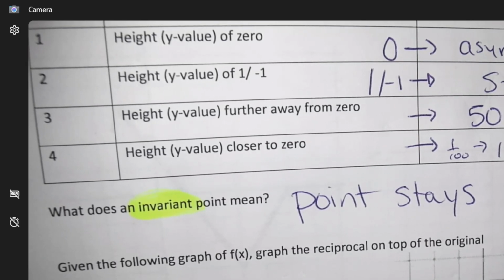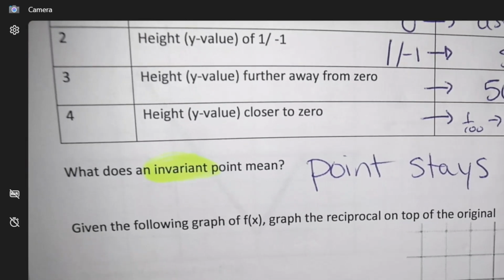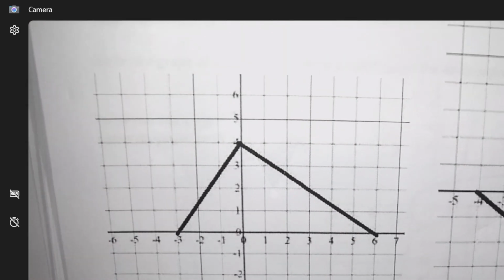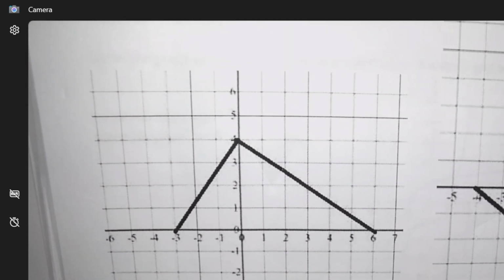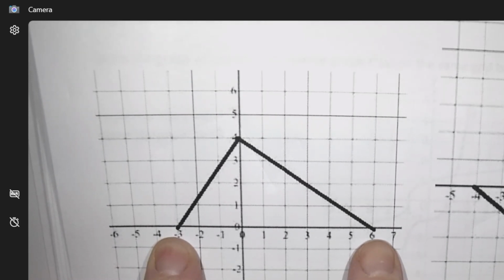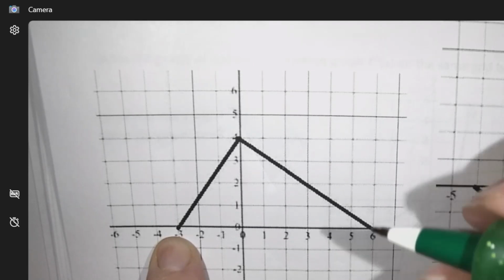Okay, so here we go. Grade 11 questions that I gave you. Step 1. Where do you see heights of 0? I see them here and here. These coordinates are at a height of 0. So what are the new heights? Undefined.